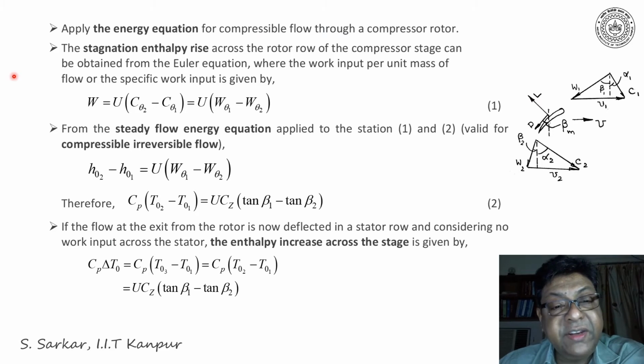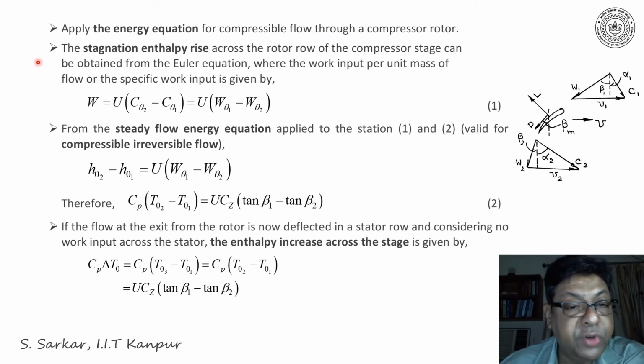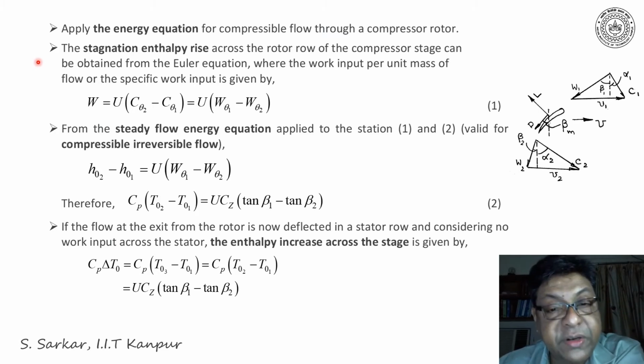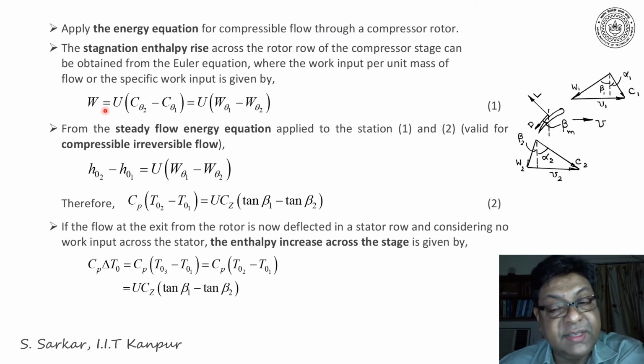Now the stagnation enthalpy rise across the rotor row of the compressor stage can be obtained from the Euler equation, where the work input per unit mass flow, or the specific work input, can be expressed as W is equal to U into (C theta 2 minus C theta 1).